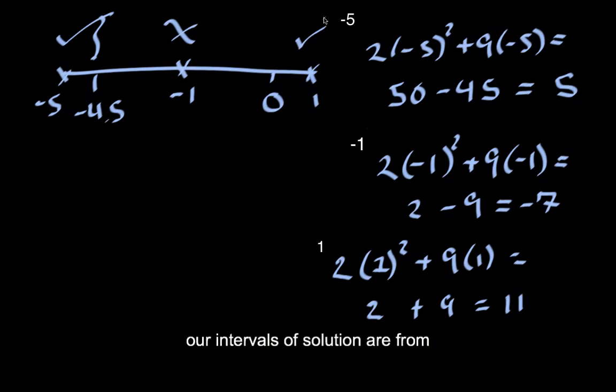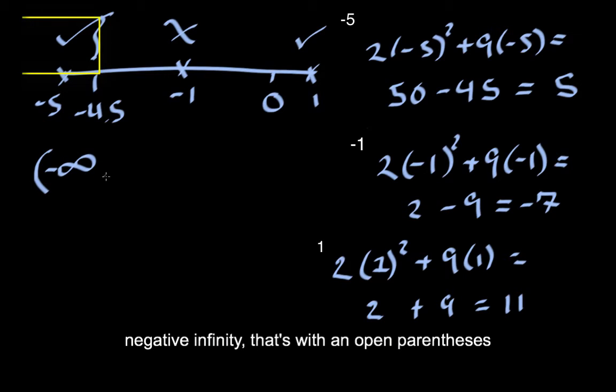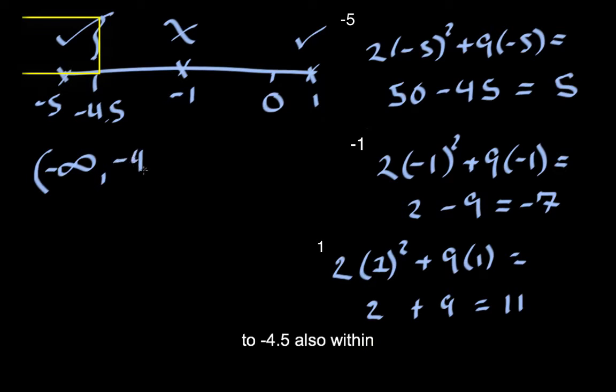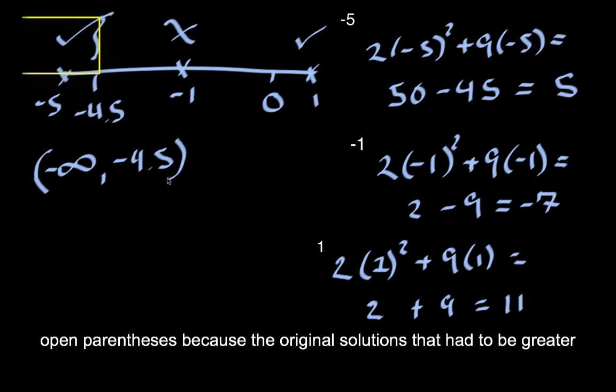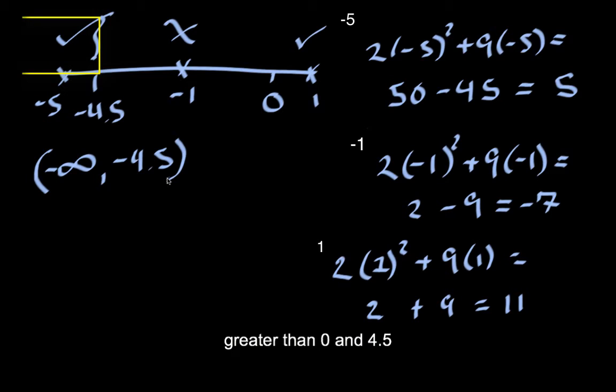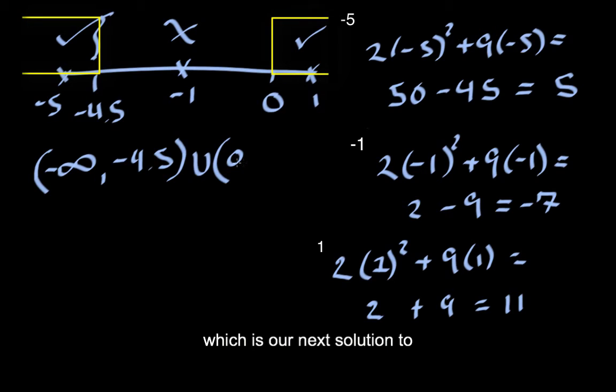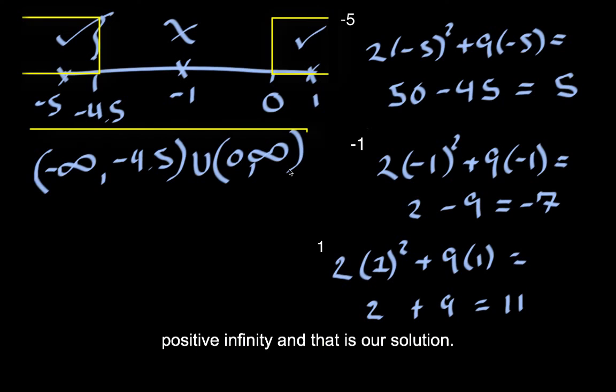So our intervals of solution are from negative infinity, with an open parenthesis, to negative 4.5, also with an open parenthesis, because the original inequality said it had to be greater than 0, and negative 4.5 was equal to 0. And then we union this with 0, which is our next solution, to positive infinity. And that is our solution.